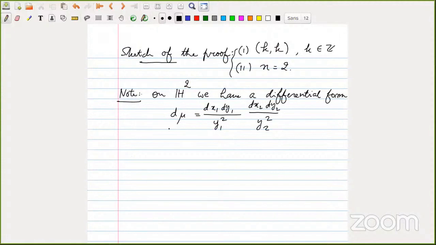On this there is an SL2(R)^2 action, component-wise: the first matrix acts on the first variable, the second one on the second. It is the same action as we have seen in the case of elliptic modular forms, and this form is invariant under the action.